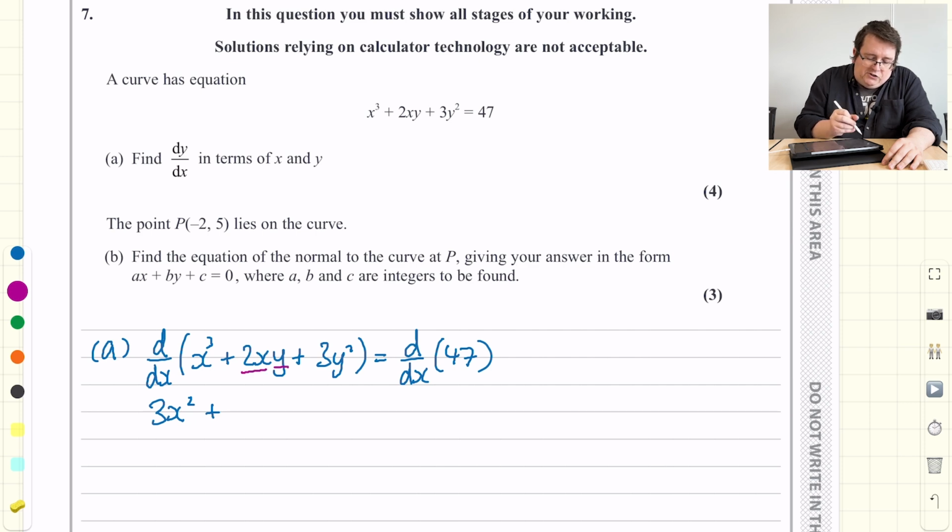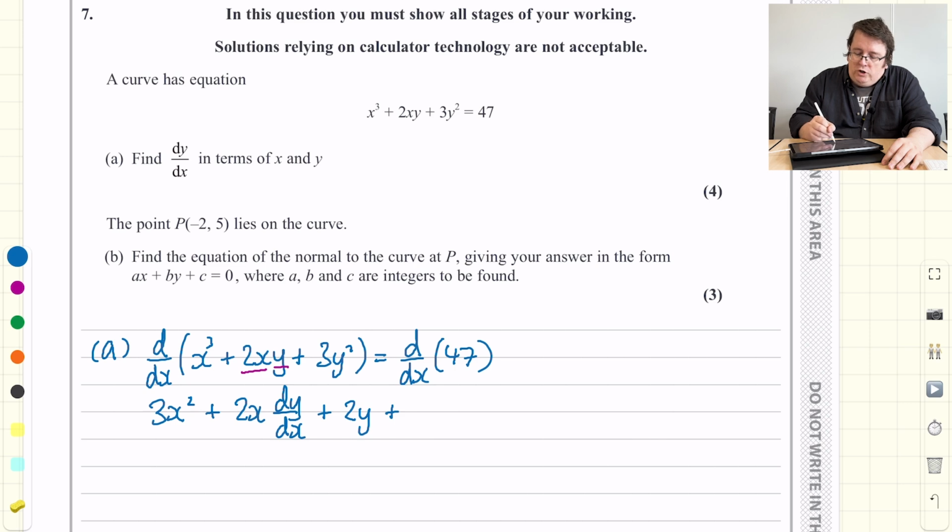So 2x times the derivative of y is 2x dy by dx, plus y times the derivative of 2x, so 2y. And then 3y squared differentiates to 6y, stick a dy by dx on the end. And then the right-hand side differentiates to 0.